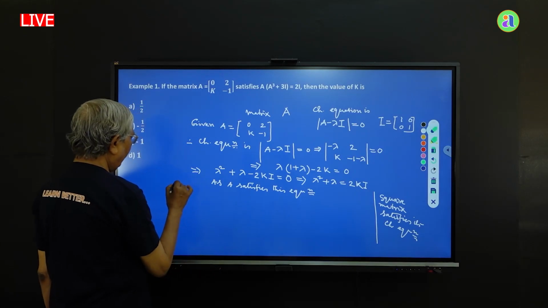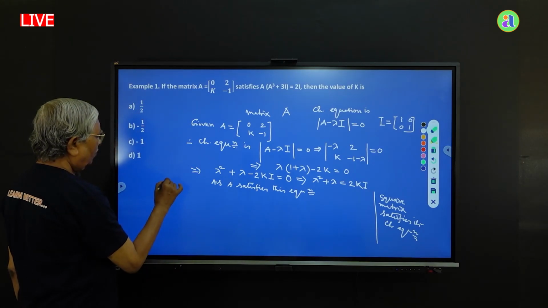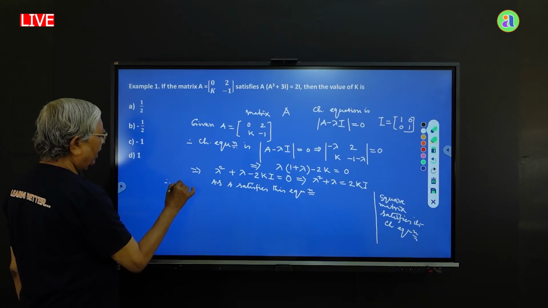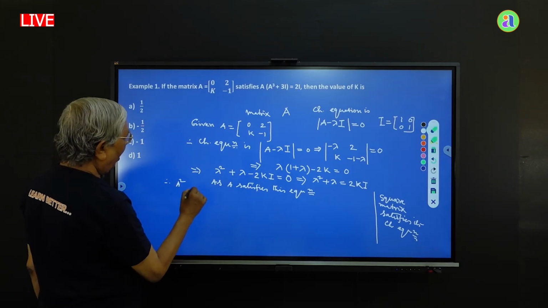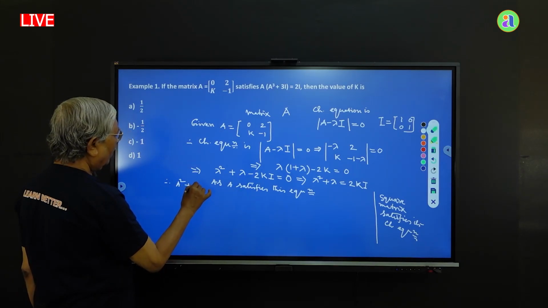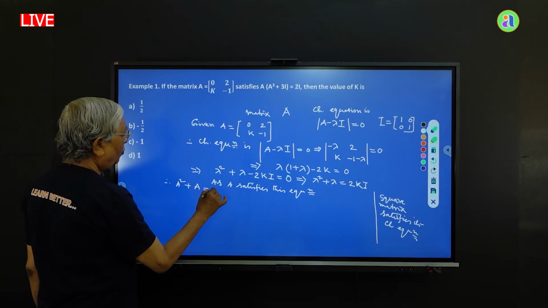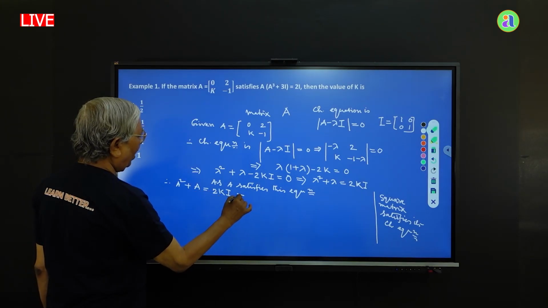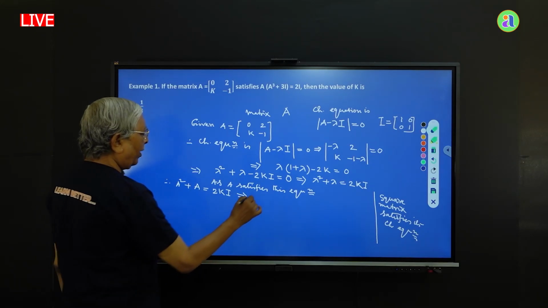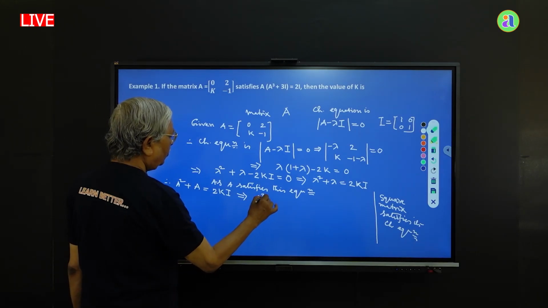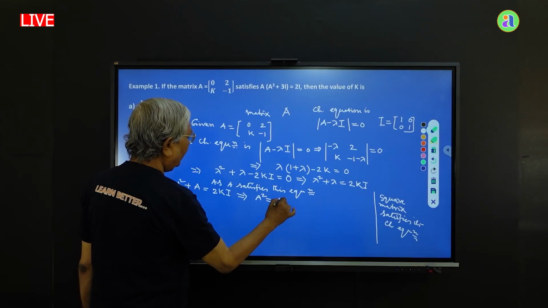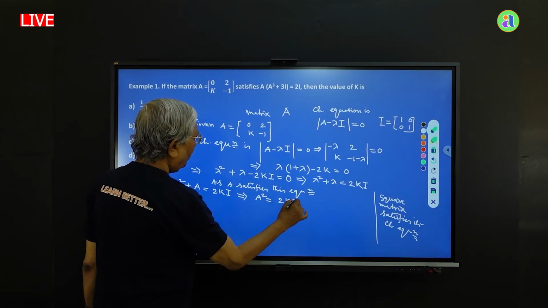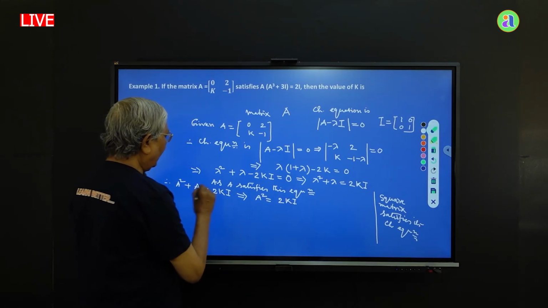Therefore we can write A squared plus A equals to 2kI. This will imply A squared is equal to 2kI minus A.